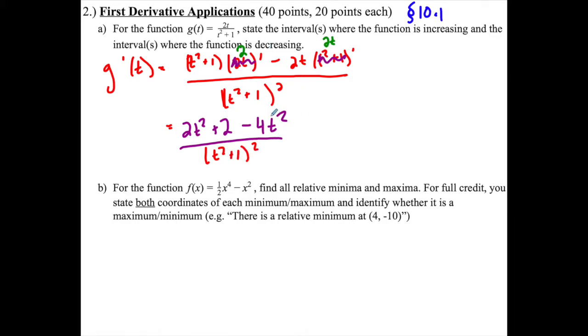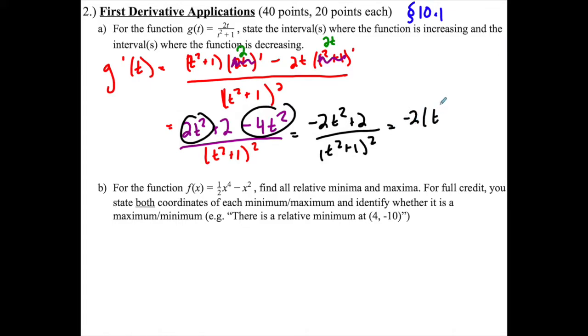So now what I want to do is simplify. So when I simplify, these are like terms. So I get minus 2t squared plus 2 over t squared plus 1 squared, which is the same thing as negative 2 times t squared minus 1 over t squared plus 1 squared.